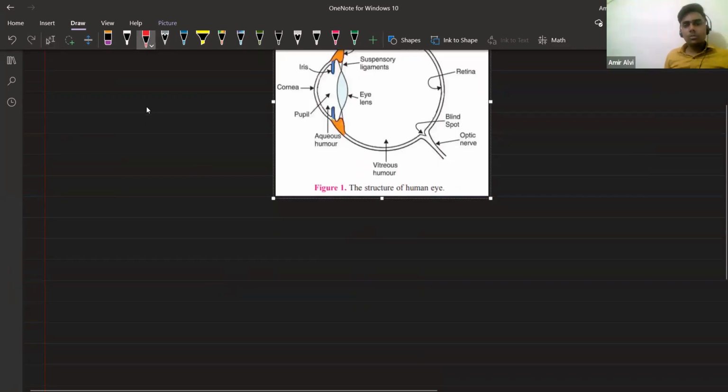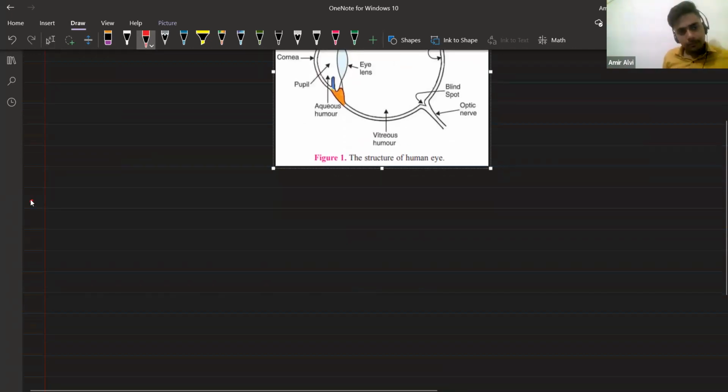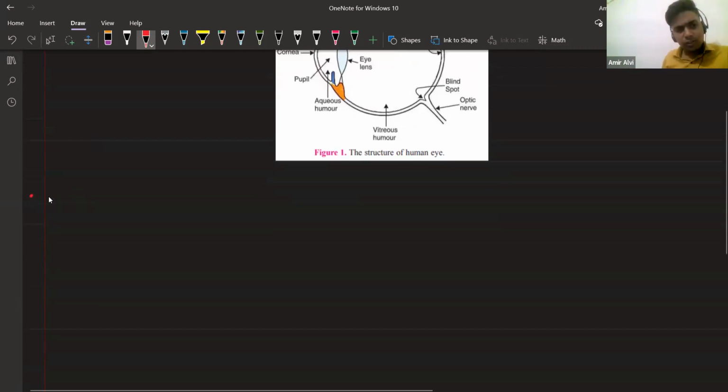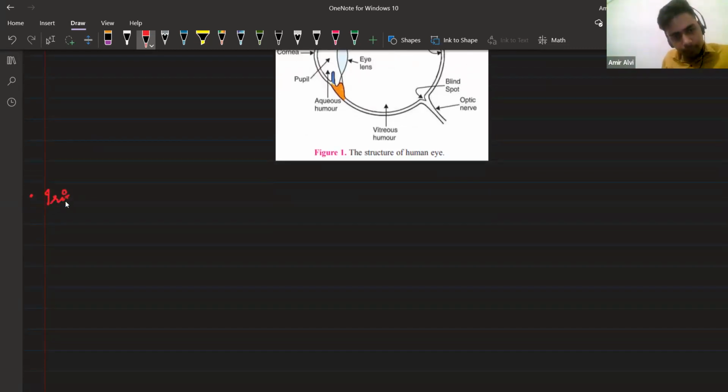Okay, so let's understand. First of all, these are the components that have only one-line functions, not more than that. The first one is the iris.